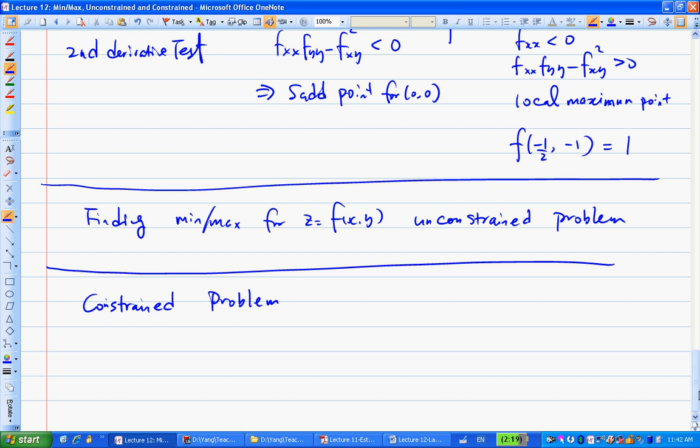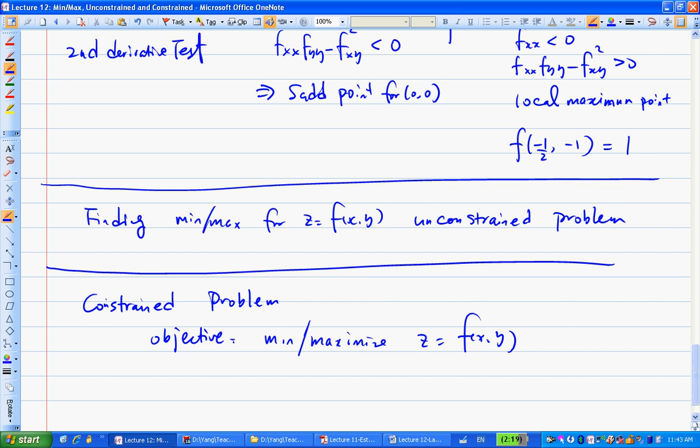In general, for this kind of problem, the objective is still to maximize z equal to f(x,y).